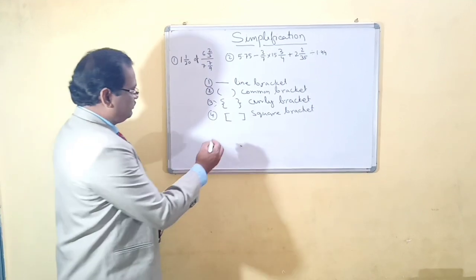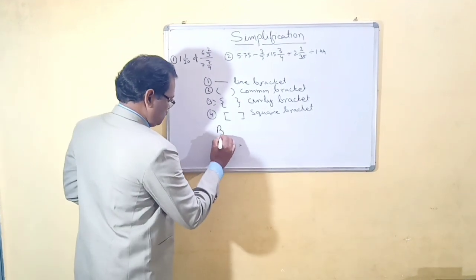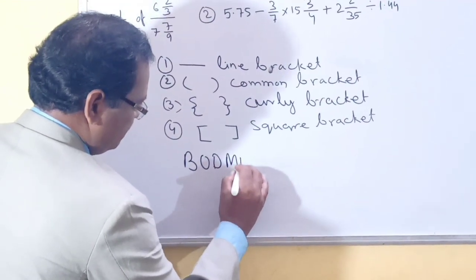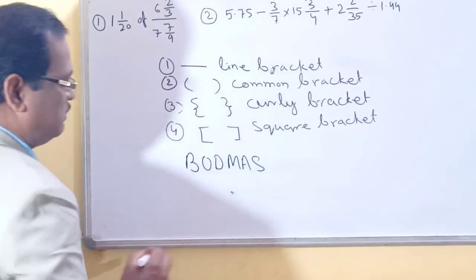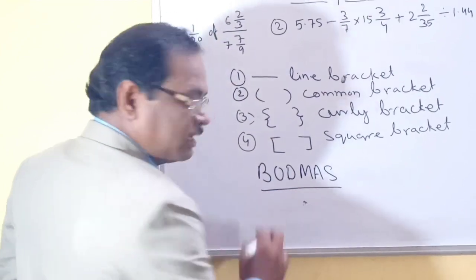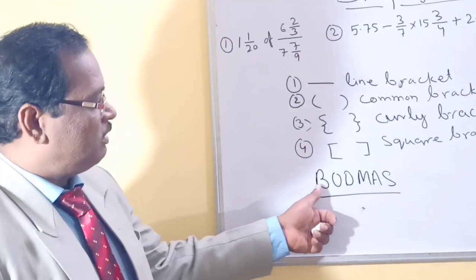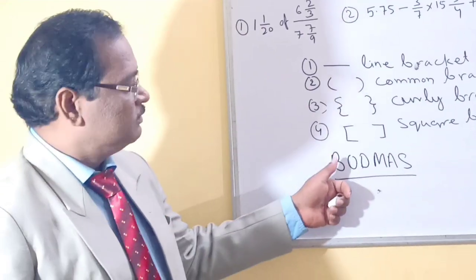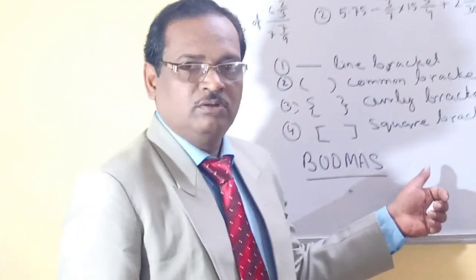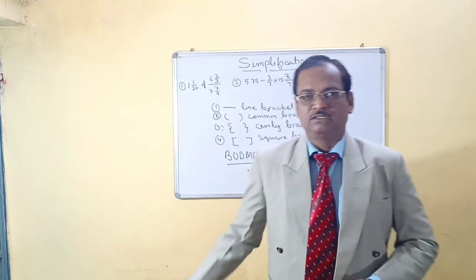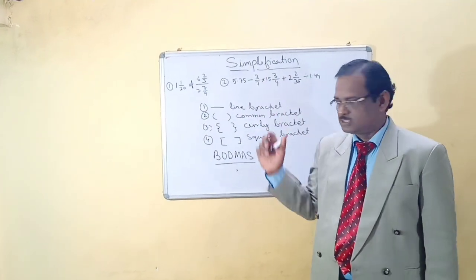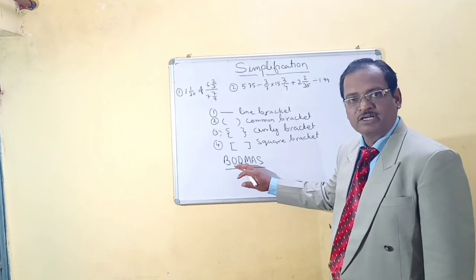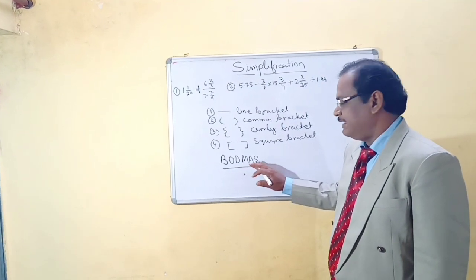That is BODMAS. This is an acronym. All these letters stand for some words. This is the rule for simplifying the simplification problems. So what does B stand for, O, D, M, A, S?